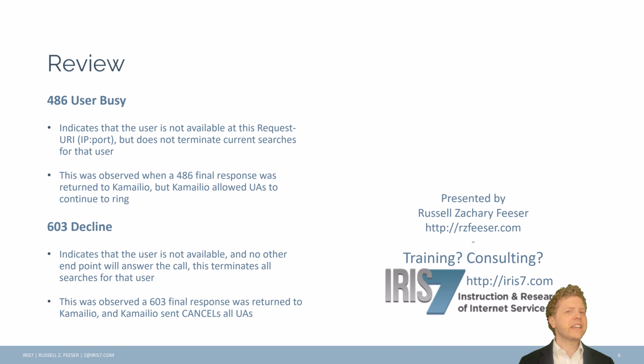So gang, to recap, a 486 is typically what a phone's going to send back, even if there's no call forking involved. Somebody calls your cell phone, you hit, I'm busy right now, I don't want to talk to this person. 486, right? It lets them leave a voicemail. The 603 or any 600 code for that matter is probably only going to be sent, or should be sent, by the phone provider, right?